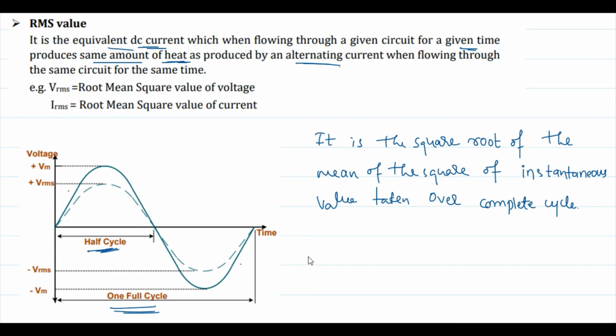So this Vrms or Irms are defined as RMS values of voltage and current, the root mean square of a particular quantity. That is given by RMS value is equal to the peak value of an AC quantity divided by root 2.